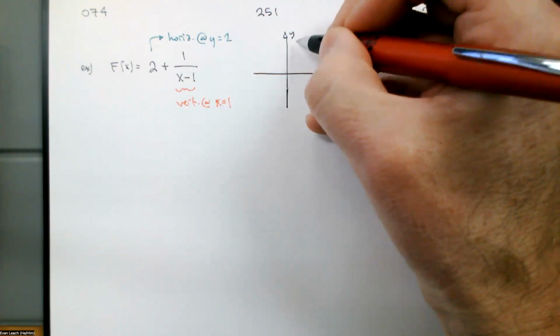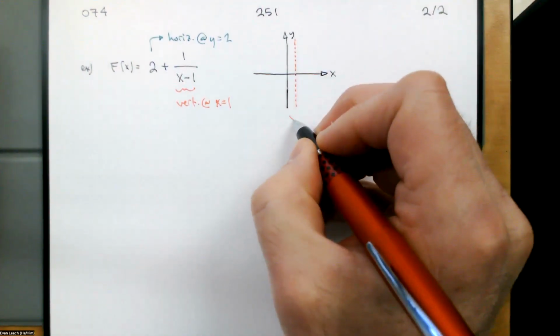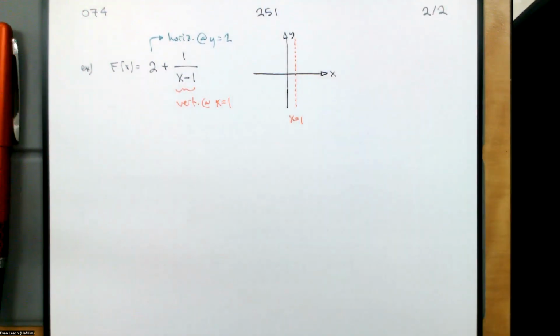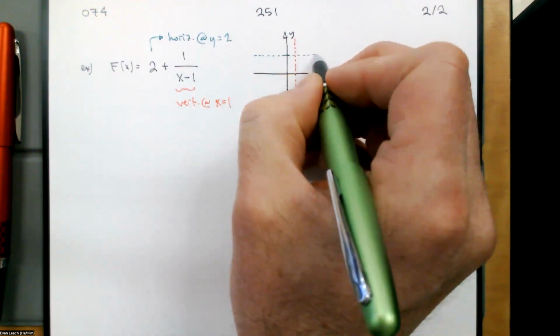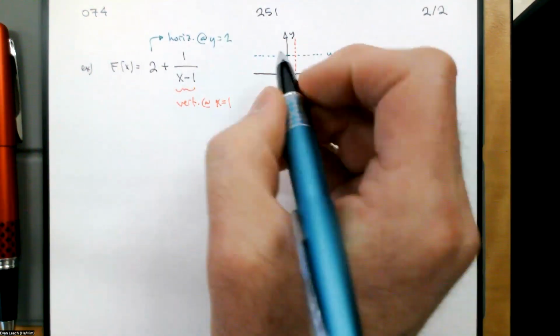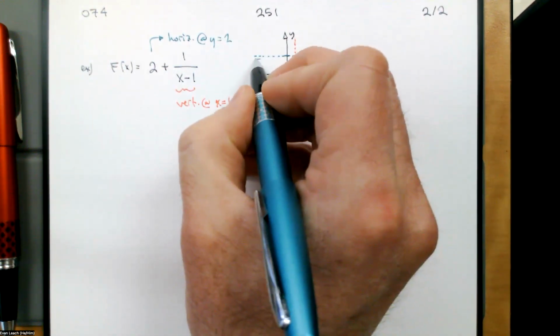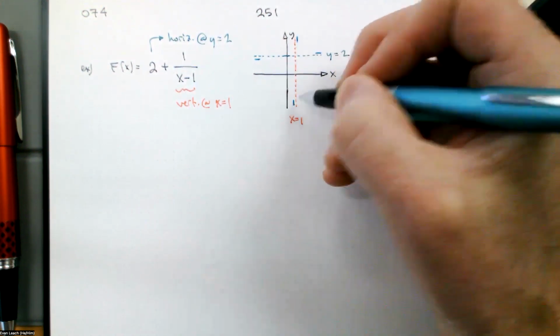So our vertical asymptote is going to happen at 1, and our horizontal asymptote will happen at y equals 2. And then we just put it in the normal spot.